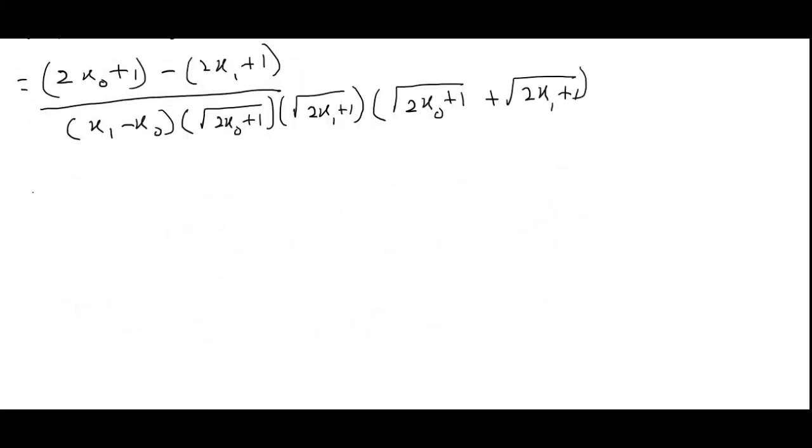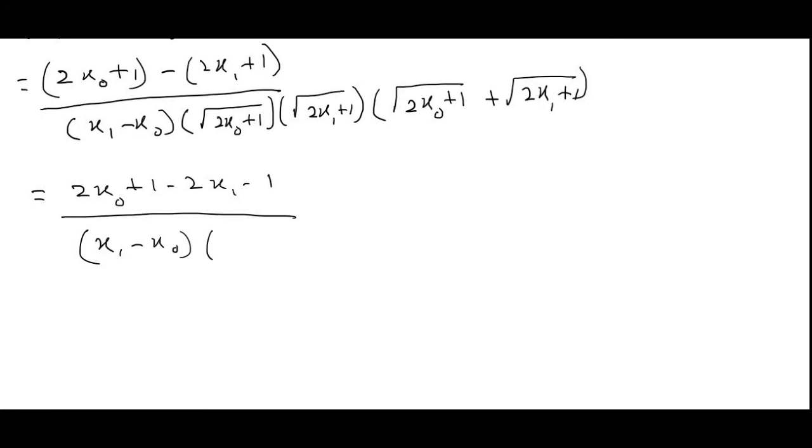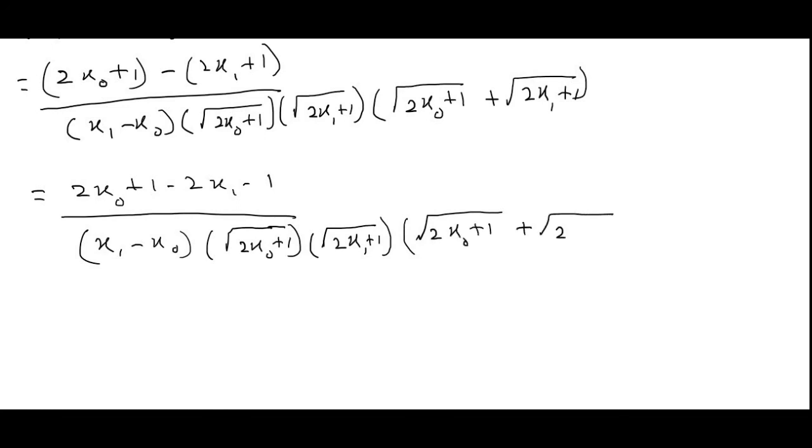Now opening the brackets in the numerator, 2x0 plus 1 minus 2x1 minus 1 whole divided by x1 minus x0 and under root 2x0 plus 1 into under root 2x1 plus 1 and under root 2x0 plus 1 plus under root 2x1 plus 1.